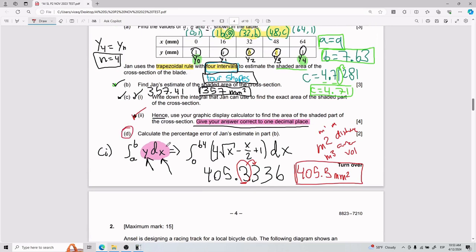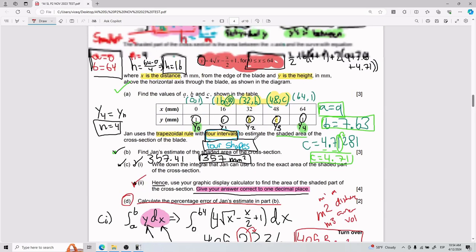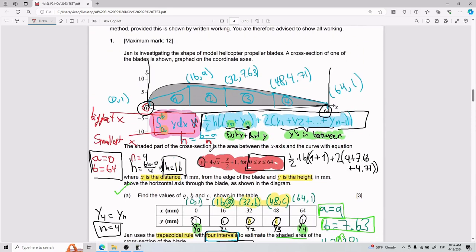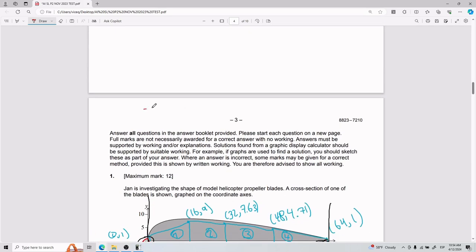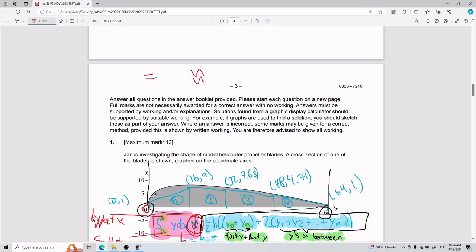Then part D is calculate the percentage error of Jan's estimate. What percentage error? Let's remember that the trapezoidal rule is an approximate. Remember how you said that there's a difference between equals and approximate? Yes, the trapezoidal rule is an approximate because there's a bunch of area that the trapezoidal rule does not consider.